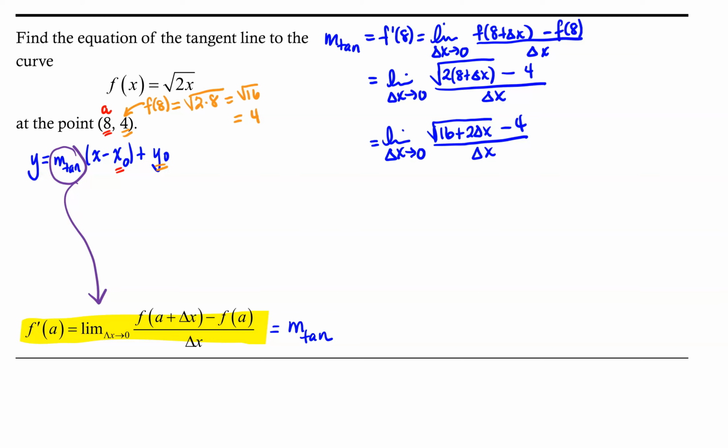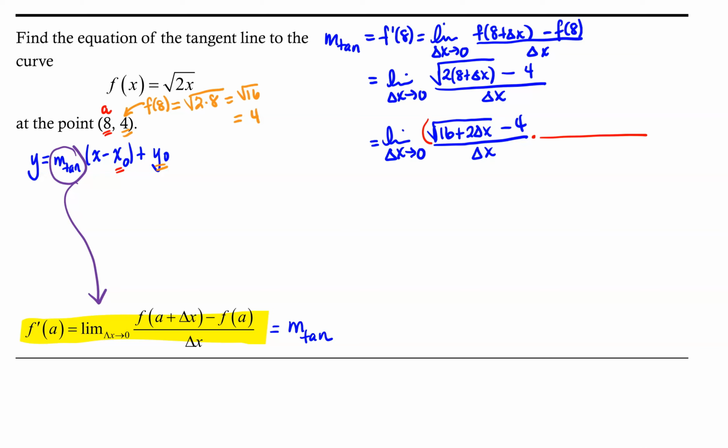Now, at this point, we're going to have to use some algebra to rewrite this function in an equivalent form that allows us to think about how the function behaves as delta x goes to 0. In its current form, with this delta x in the denominator, we cannot do that. So we're going to use the conjugate of our numerator to help us accomplish this.